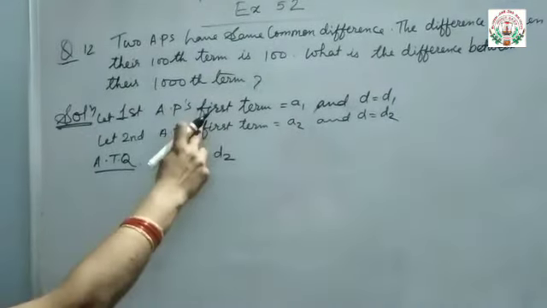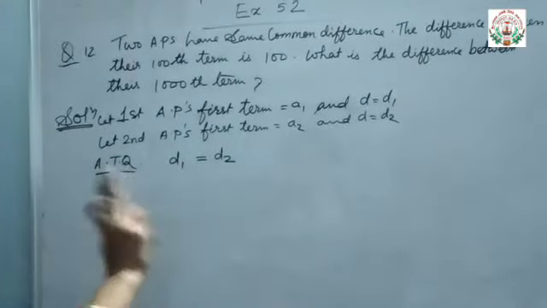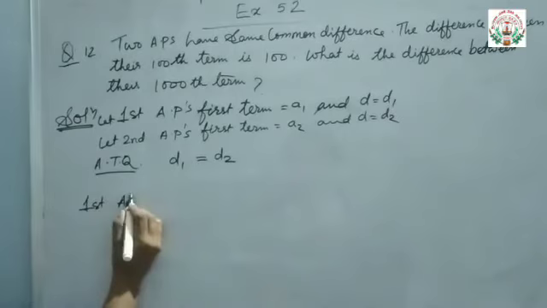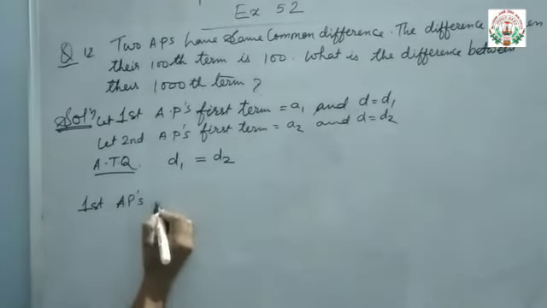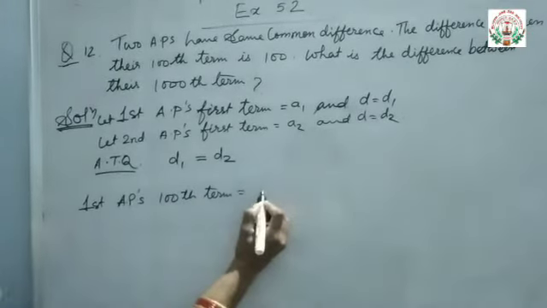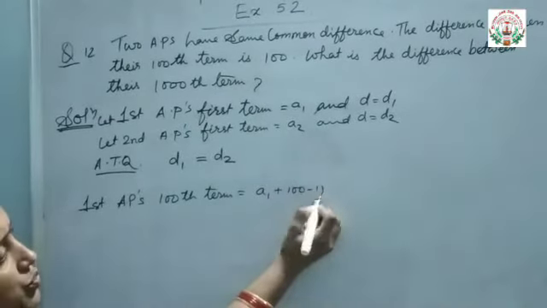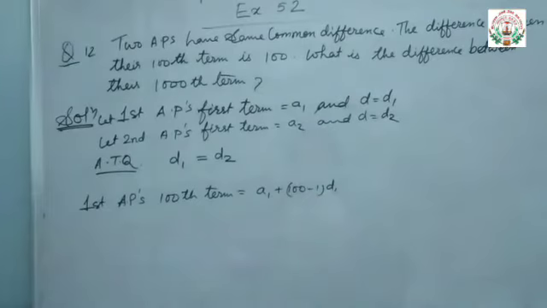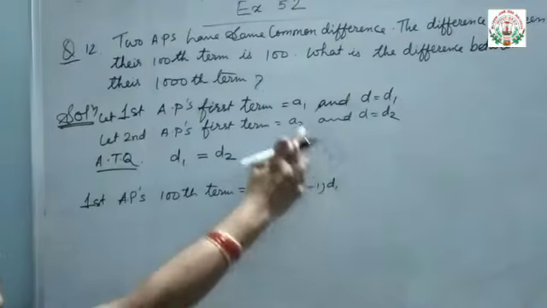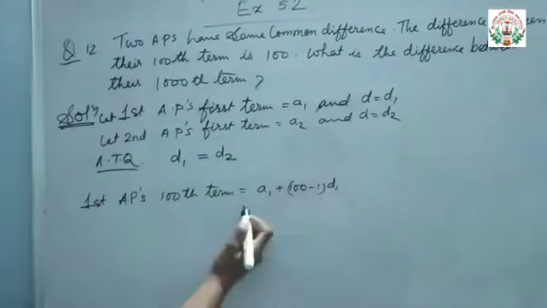So now the 100th term of the first AP, we'll find it out. So the first AP's 100th term equals what? A1 plus (100 minus 1) into d1. Here A1 is the first term of the first AP and d1 is the difference of the first AP. Okay, clear?